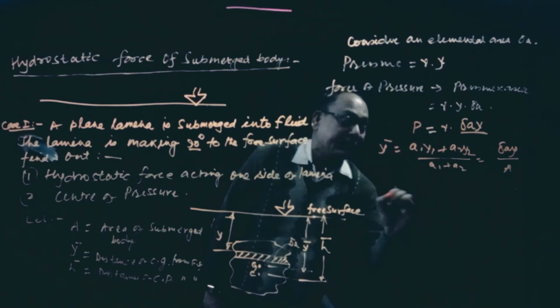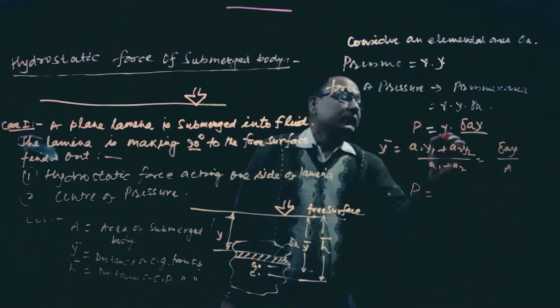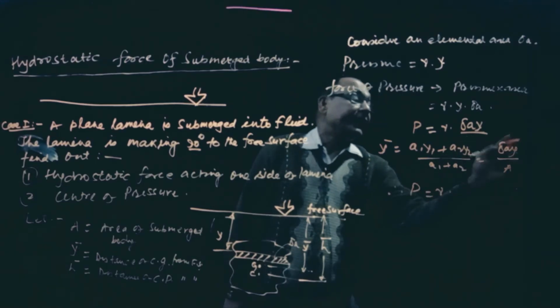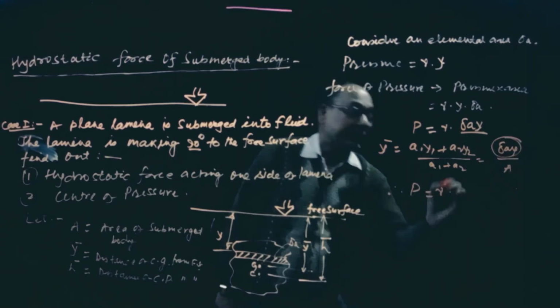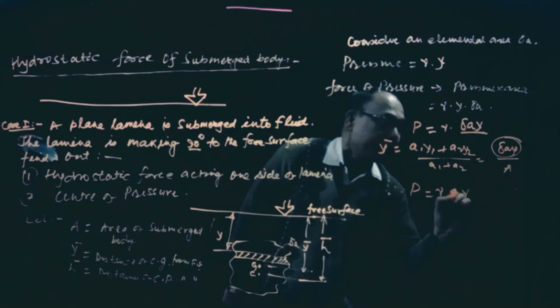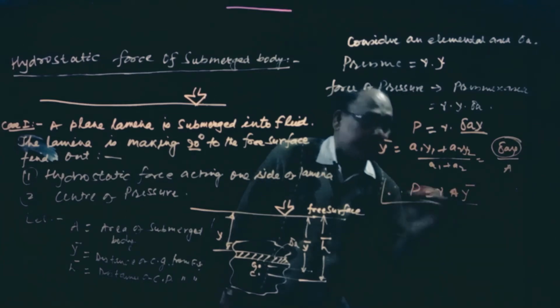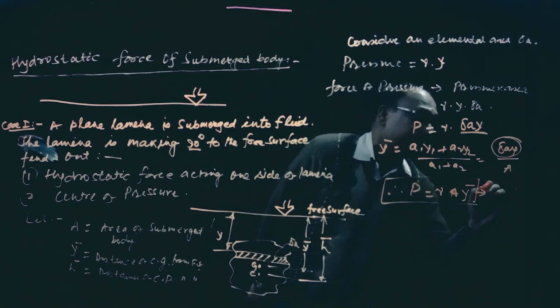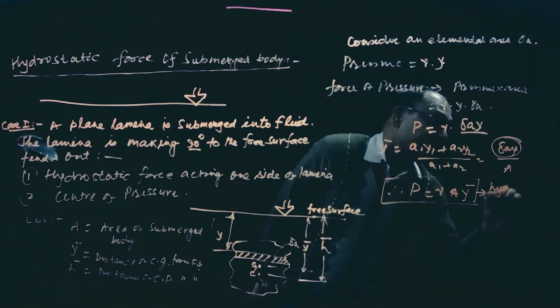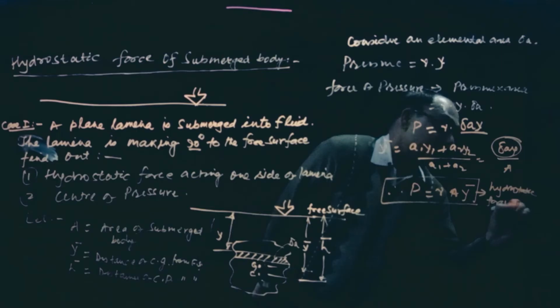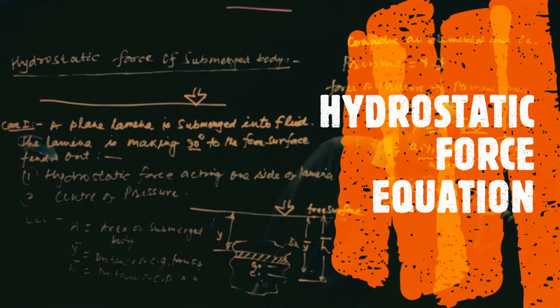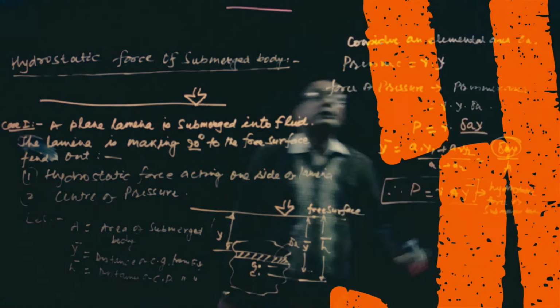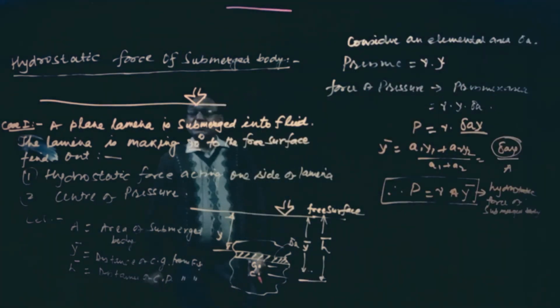Okay, so P is equal to gamma into integral of delta AY. Integral of delta AY is nothing but A Y bar. Okay, so this is the formula to find out hydrostatic force of a submerged body. Now second part, we have to find out center of pressure.